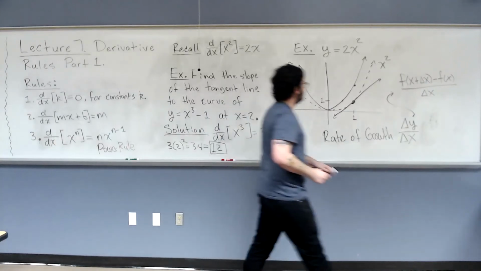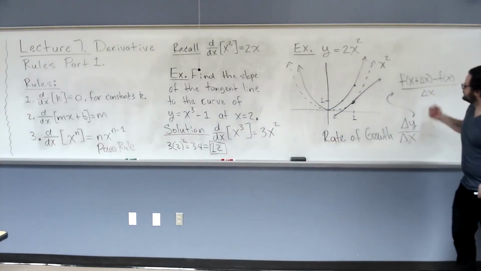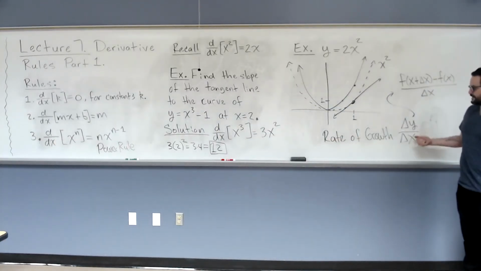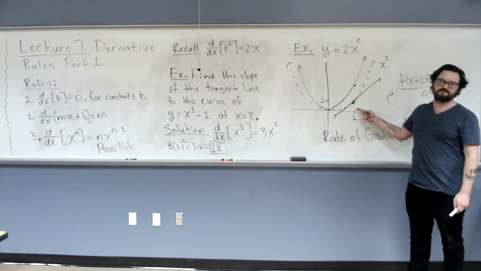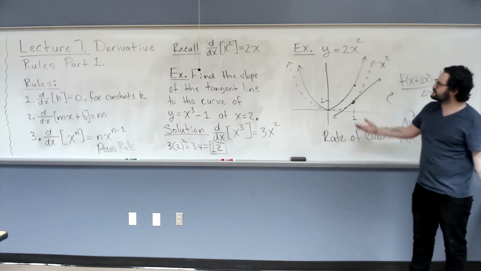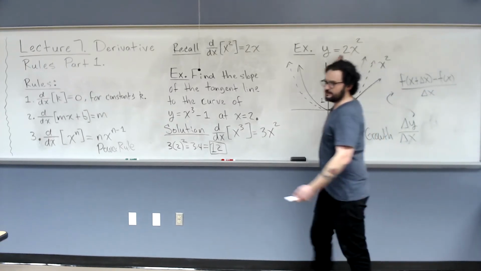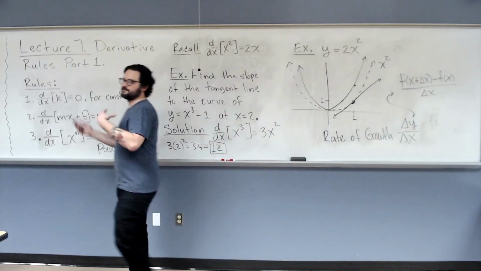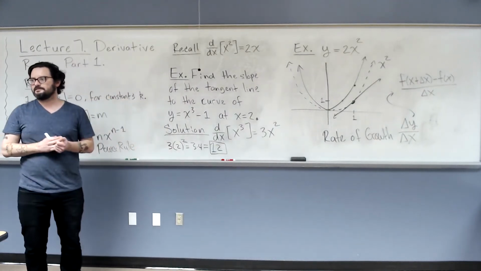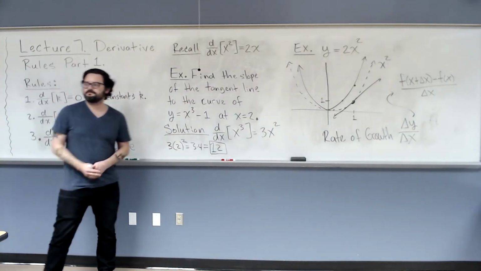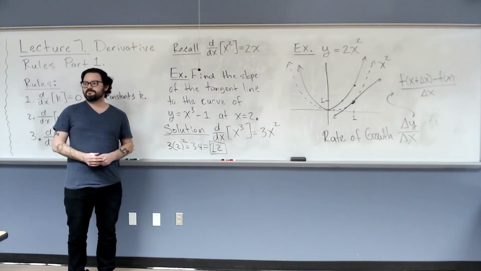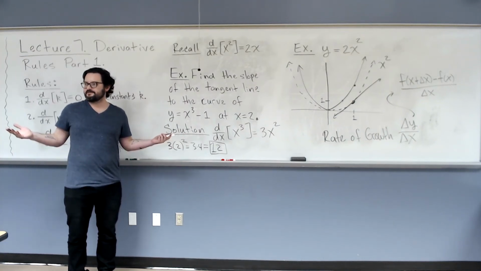So if the rate of change or rate of growth is literally that ratio, and that thing is growing twice as fast as this one, can we guess what the derivative of 2x squared is in relation to x squared?